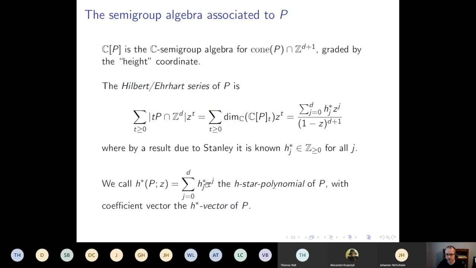And we call this numerator the H star polynomial of P. We call the coefficient vector the H star vector of P.